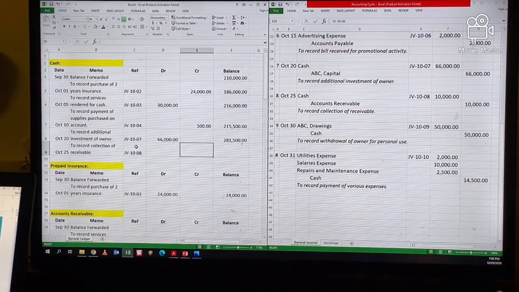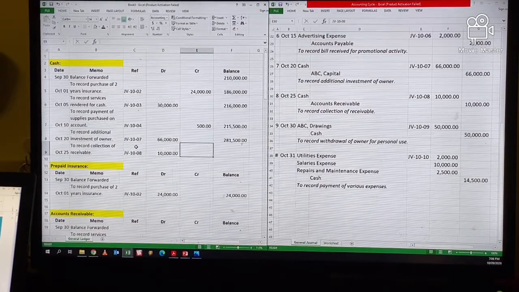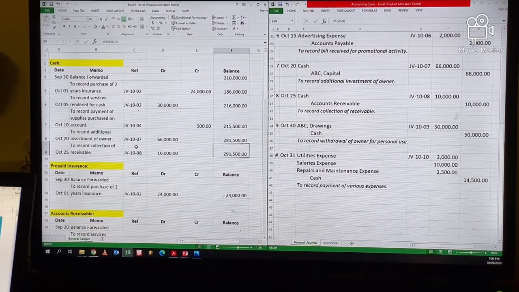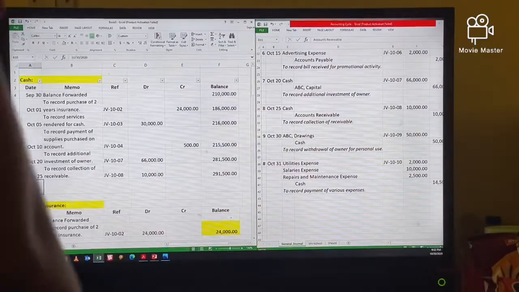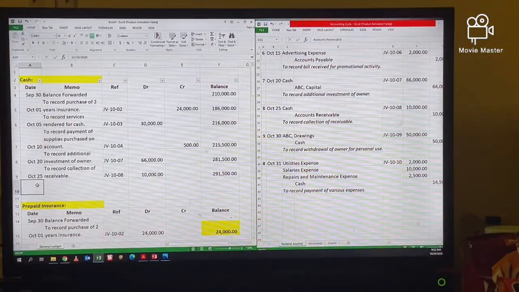Then, sulat mo ngayon yung debit siya, 10,000. Kasi collection. So, plus, so, 291,500 na siya.